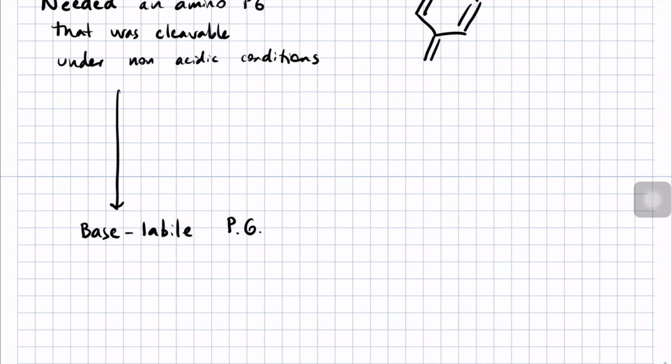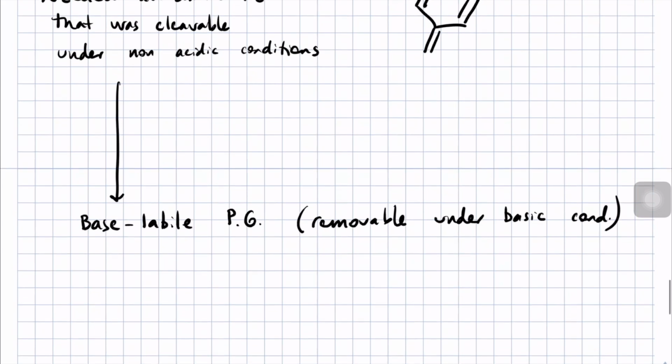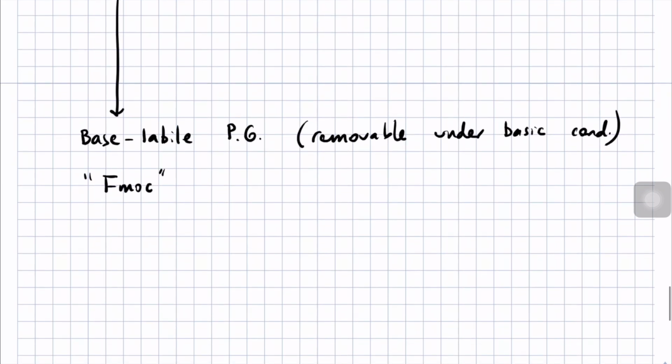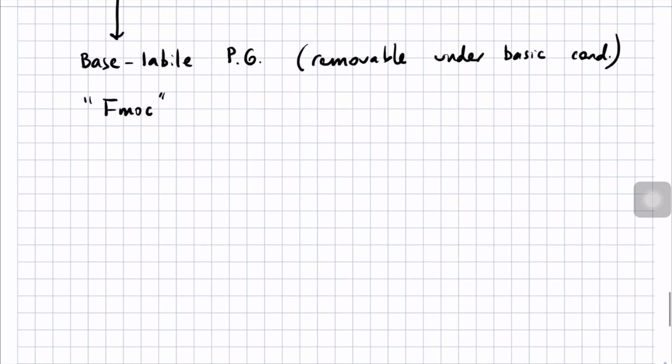That means it's removable under basic conditions. And this protecting group is called Fmoc. We call it Fmoc because nobody wants to say its full name. I'll show you what F stands for.